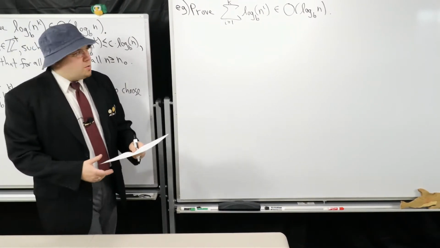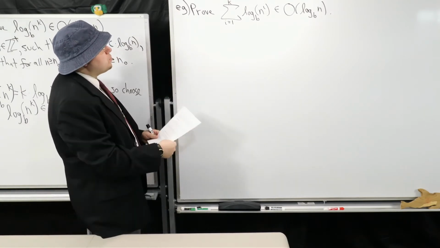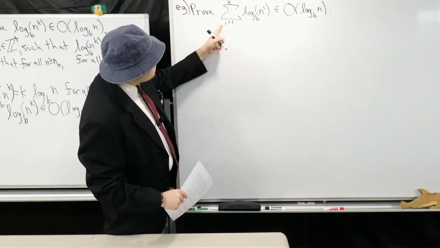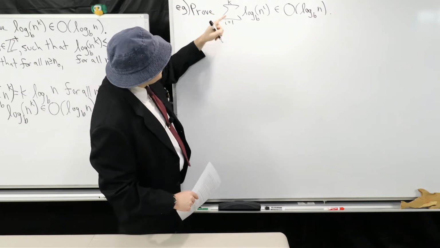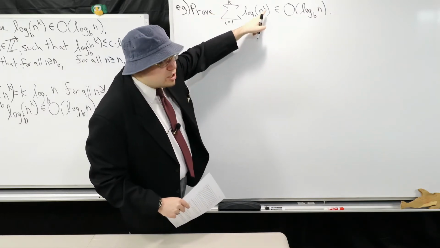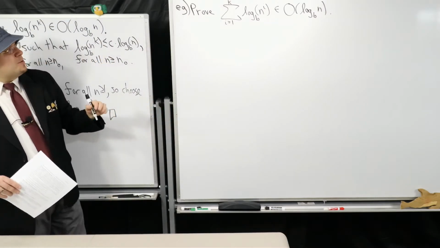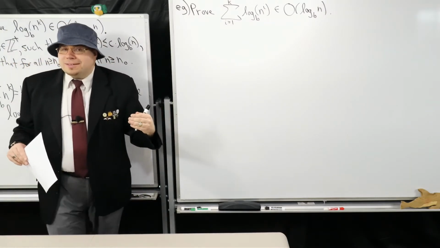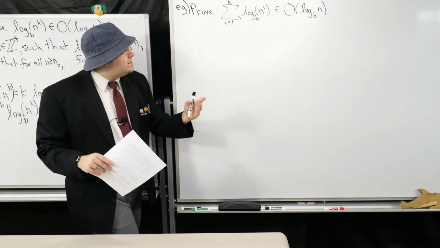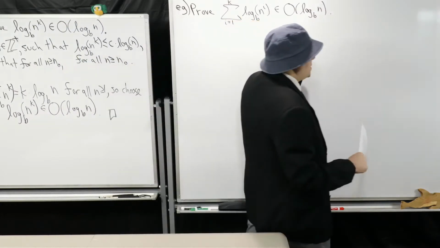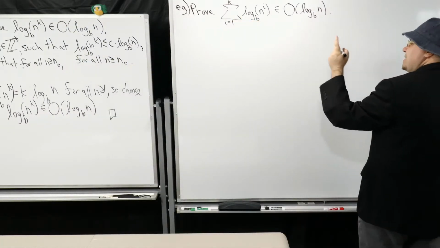So what we're going to do next is I'm going to prove that the sum from i equals 1 to k of log base b of n to the i is big O of log base b of n. So what I'm arguing for you is, unlike before where I just had a single exponential term inside of a logarithm, now I have a whole series.